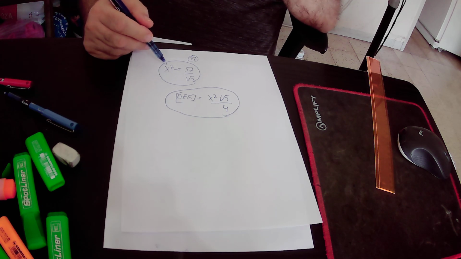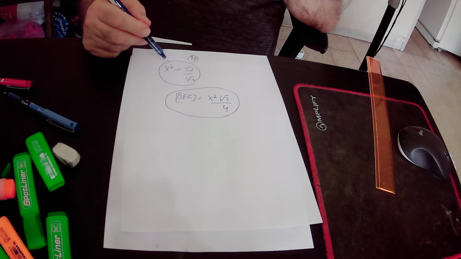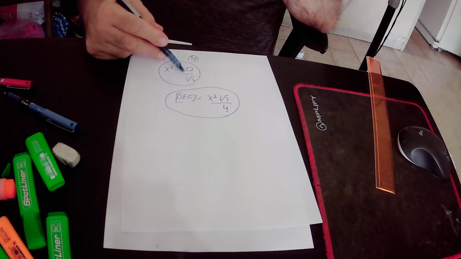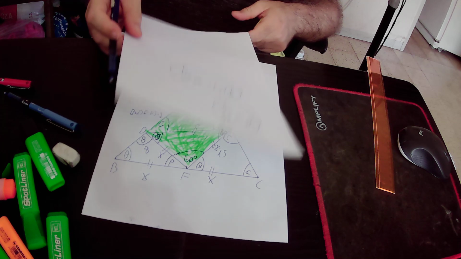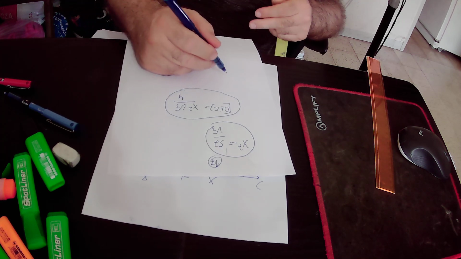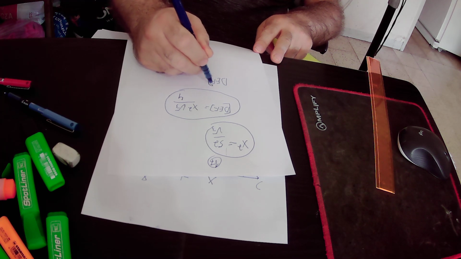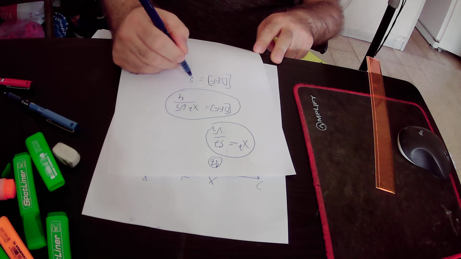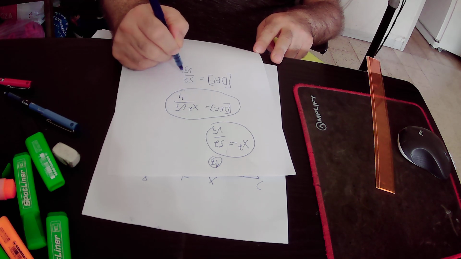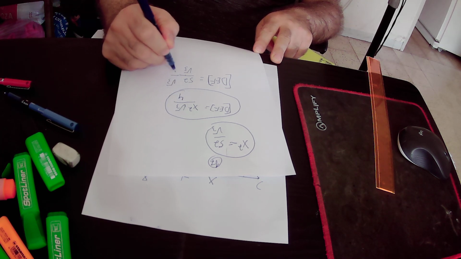But we have already found out that x squared equals 52 over root 3. So we can substitute x squared in this equality by 52 over root 3, and we will get the area of the equilateral triangle DEF. It equals 52 over root 3, multiplied by root 3 over 4.